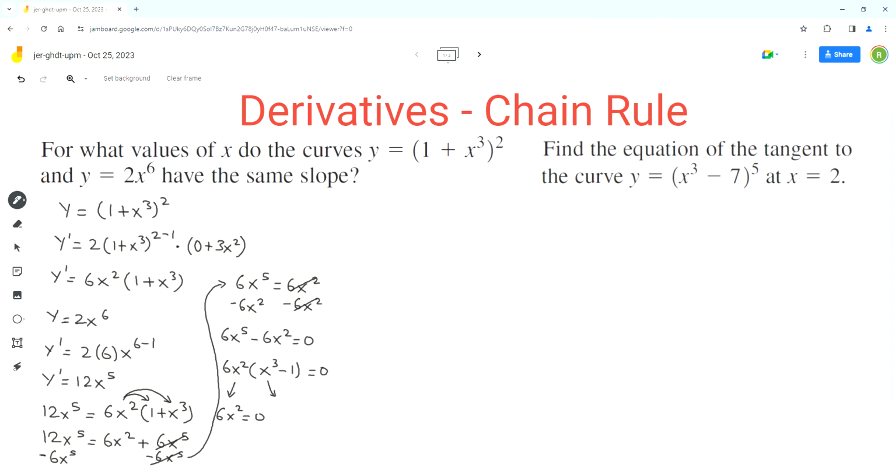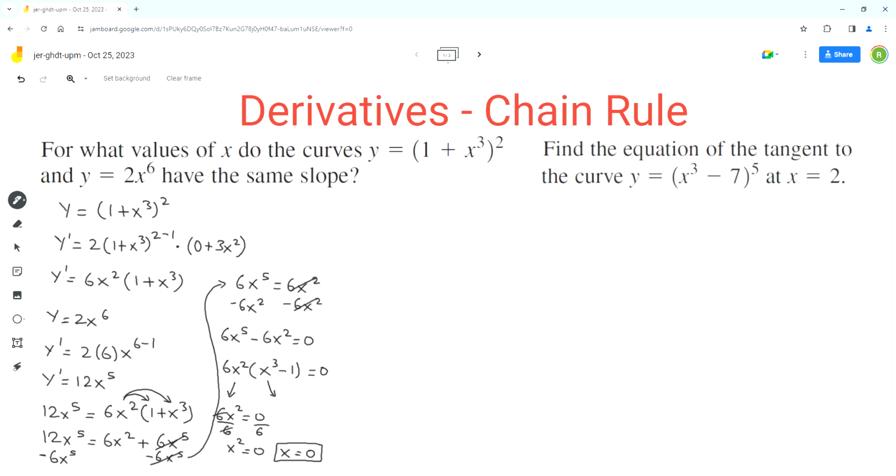And from this we get x equals 0 because if we divide both sides by 6, we get x squared equals 0, which is equivalent to x equals 0. So that's the first x value at which the curves have the same slope.